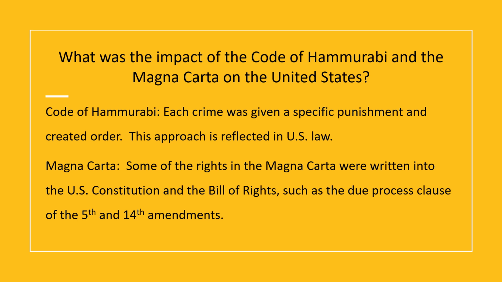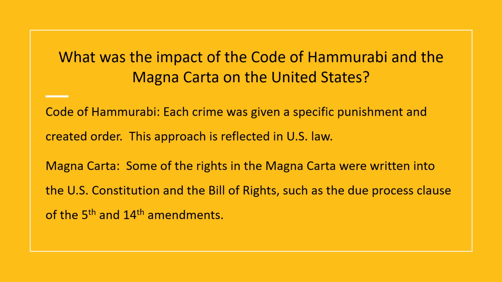So what was the impact of the Code of Hammurabi and the Magna Carta in the United States? Right? The Code of Hammurabi was Babylonian, the Magna Carta was English. So how does this affect the United States?